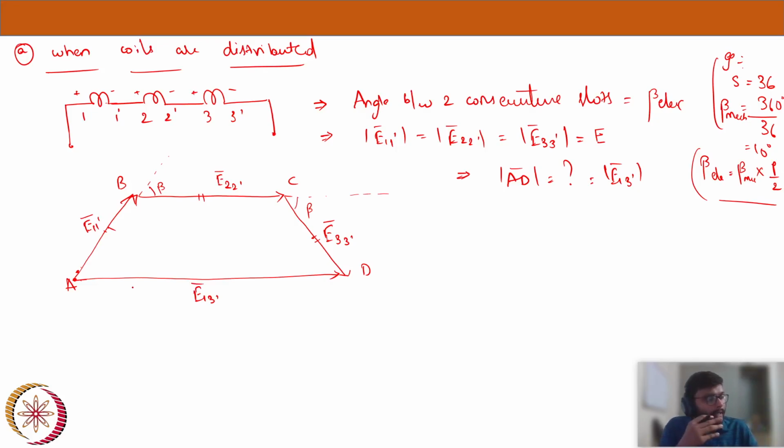Now, if you see this particular figure, it is like a polygon of sides, and you can visualize these as sides of a polygon that can be circumscribed by a circle.